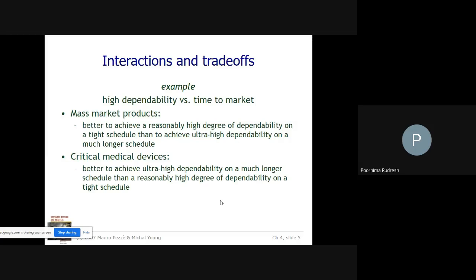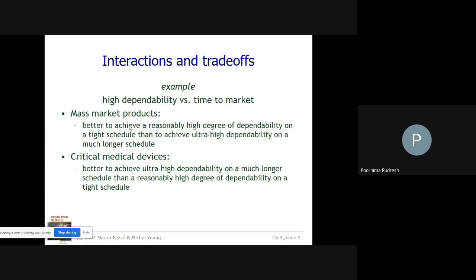But in the case of time to market, we are concentrating on developing the product and releasing the product to the market as early as possible. Okay, so we'll see the mass market products, that is time to market. For that, we are considering the mass market products.